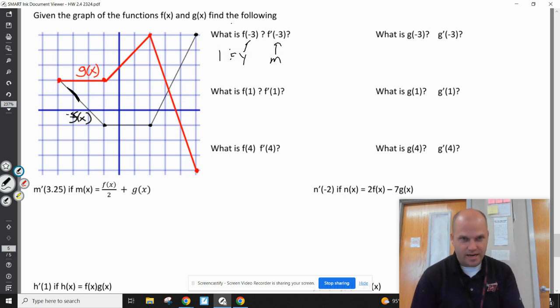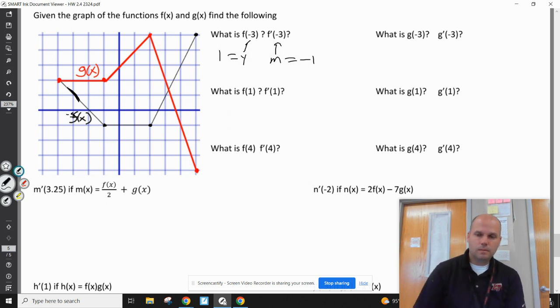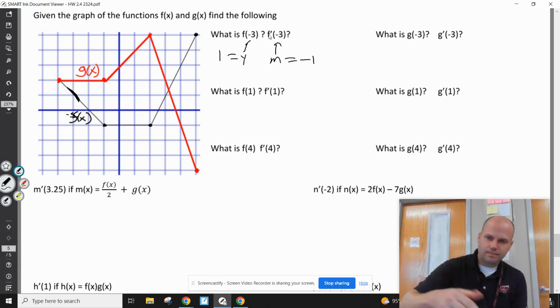It's exactly negative 1. Got it? So these table problems require you to understand the notation, not just find it, and not just get stuff using a table. Okay? Cool.